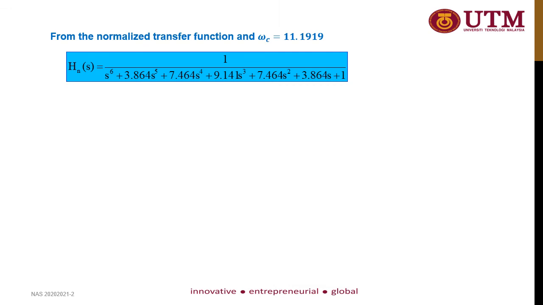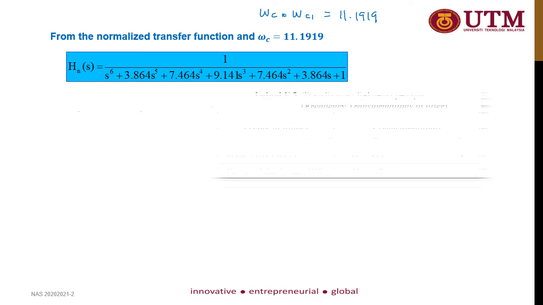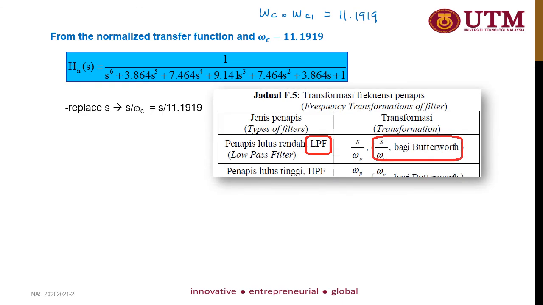Okay, once you have the omega C selected from the previous calculation, we have chosen omega C equal to omega C1 equal to 11.1919. So therefore, to convert the normalized transfer function into actual transfer function, as referred to in the previous slide, all s in the normalized equation will be transformed into the new final equation by s over omega c.